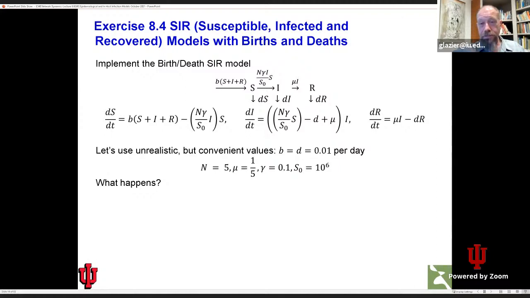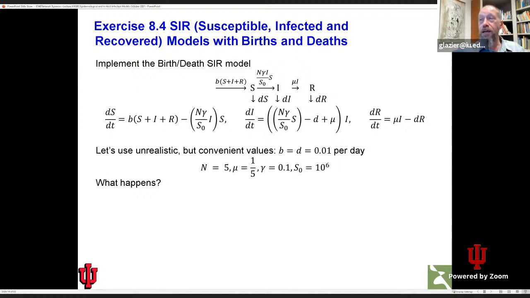So if you're still working on it, just focus on this particular case. But if you've finished that, you might try changing those time constants for B and D. And also, if you've done that, you might try changing the R naught value. Notice the R naught here is pretty big.